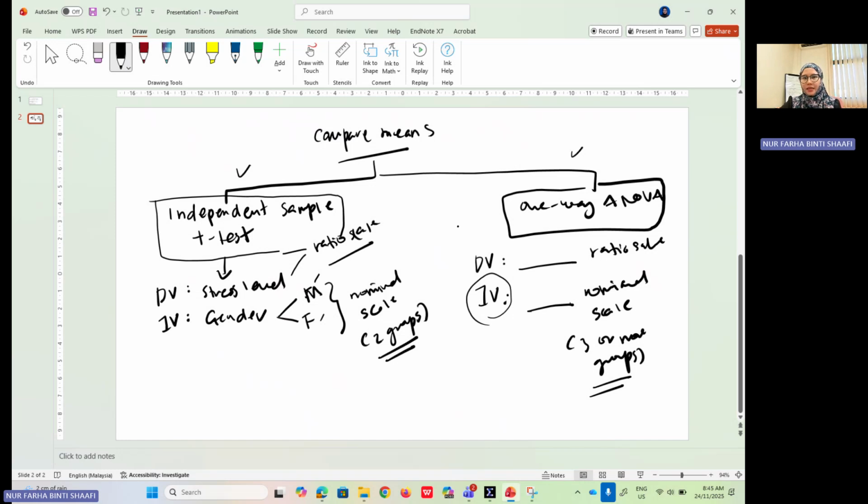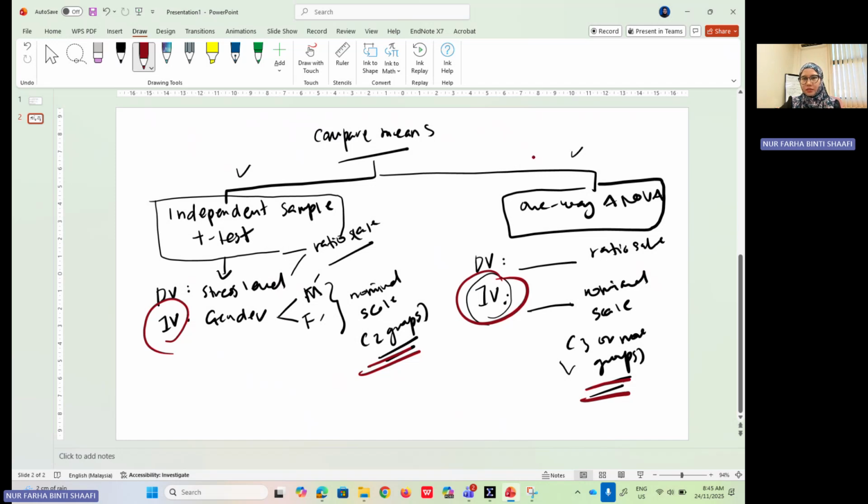But if your IV consists of three or more groups, you need to use one-way ANOVA. The difference you could see is only in the IV. IV for independent t-test is two groups, IV for one-way ANOVA is three or more groups. That is all the difference.